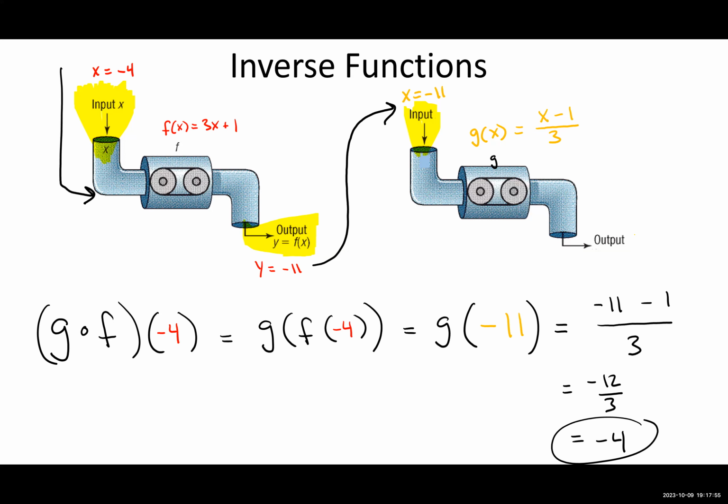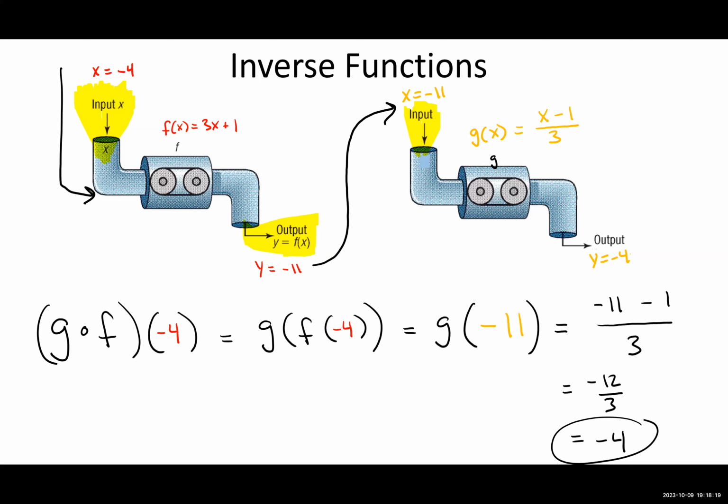So the output is y equals -4. The f function took a -4 and turned it into a -11. The g function took the -11 and turned it back into a -4.